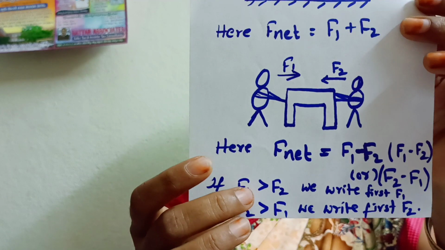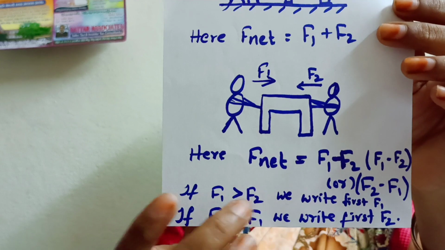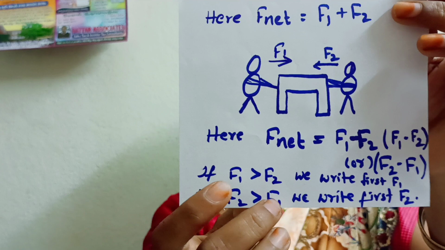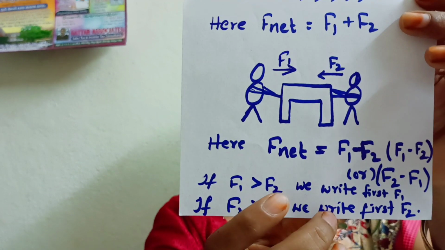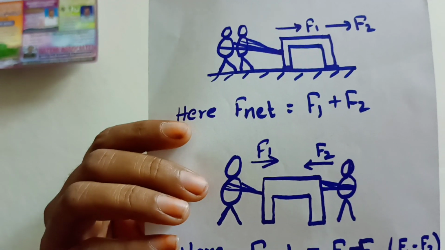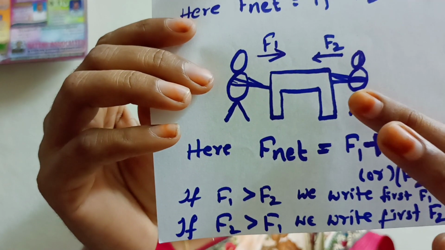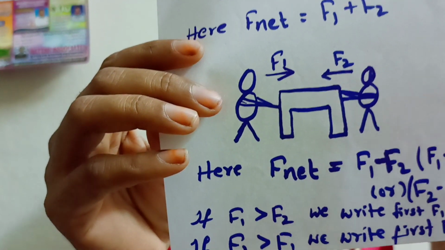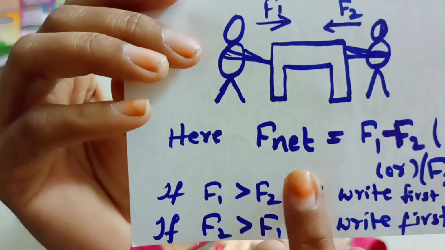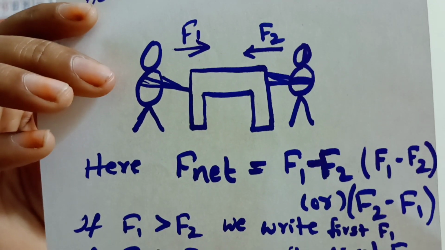If F1 force is greater than F2, we write F1 first. If F2 force is greater than F1, we write F2 first. So, like this, F1 force and F2 force are opposite to each other. Then the resultant force F net is equal to F1 minus F2.